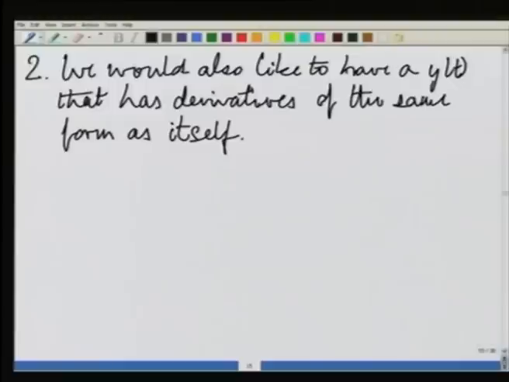So, two constraints: x t and y t should be of the same form, y t and its derivatives must be of the same form. Now, what sort of functions satisfy these constraints?